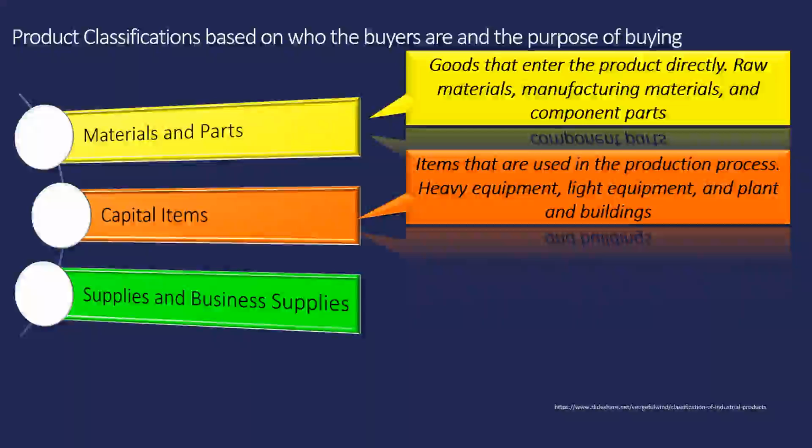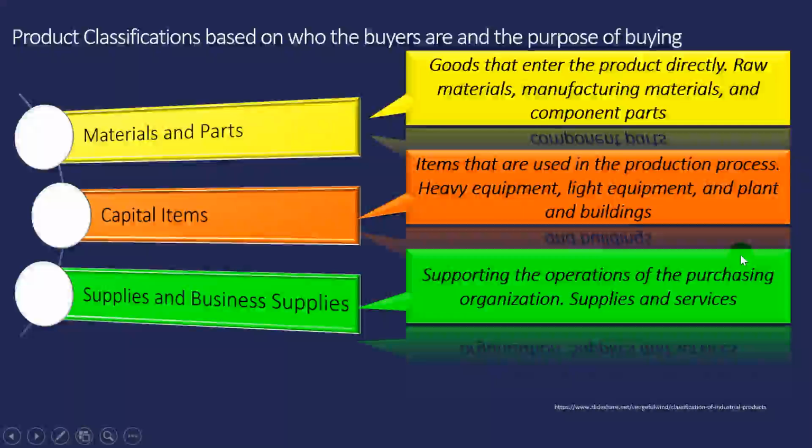Of course, the factory itself is called a capital item. The machines that we have are also capital items. Even light equipment is also called capital items. We need those things to support our production.